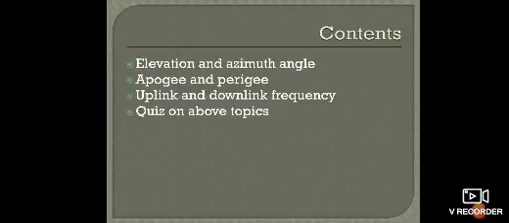In skywave propagation, when we pass high frequencies, more than 30 megahertz, there is a problem. When the signal reaches the ionosphere, it is not reflected back to the earth, because of the high frequency range it penetrates through the ionosphere.